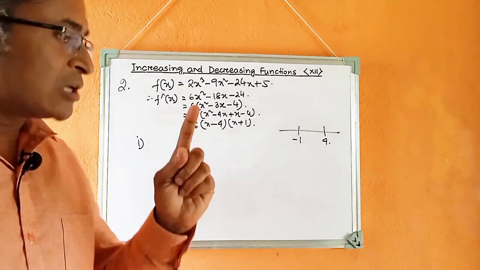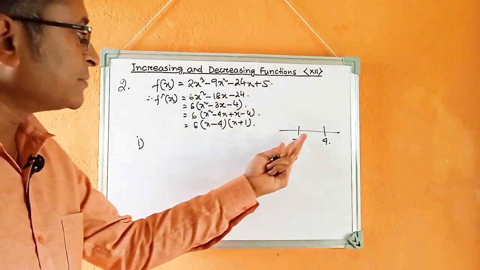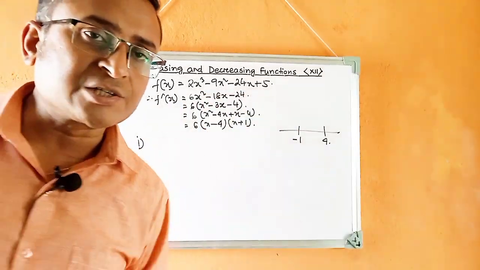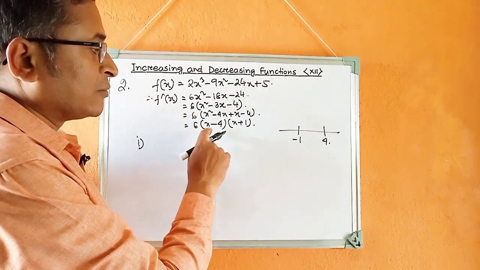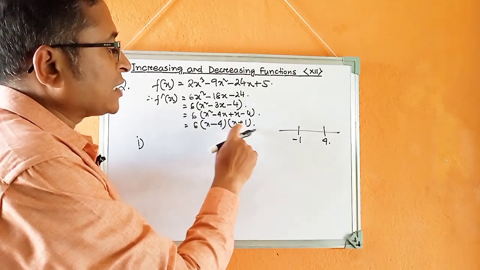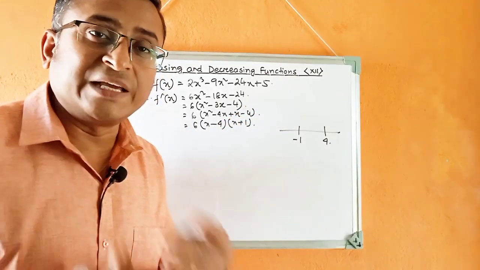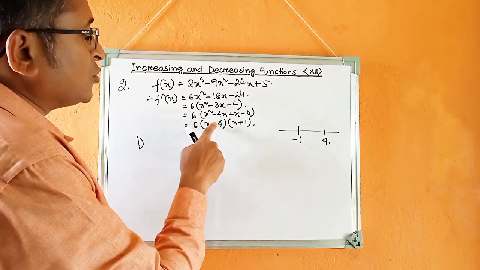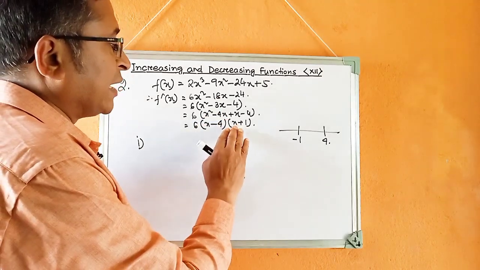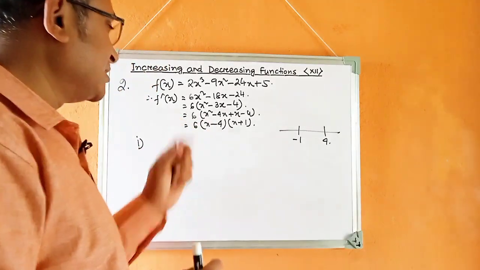First of all, in case of strictly increasing function, take any value of x below minus 1. Take minus 2: minus 2 minus 4 is minus 6, and minus 2 plus 1 is minus 1. Minus multiplied by minus gives plus, so we get plus 6, and plus 6 into 6 is 36.